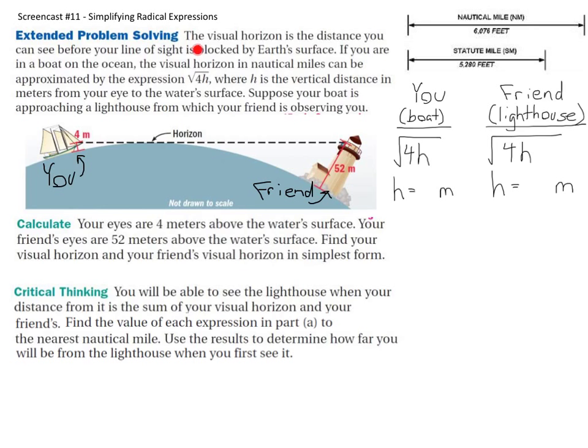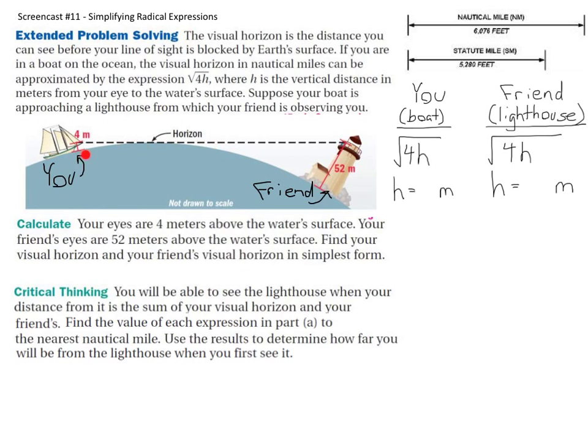It says, the visual horizon. We know what visual means. It means to look with your eyes. And horizon, well, we know what that is: the distance you can see before your line of sight is blocked by Earth's surface. In other words, let's say you are on this boat right here, and you're traveling across the sea.